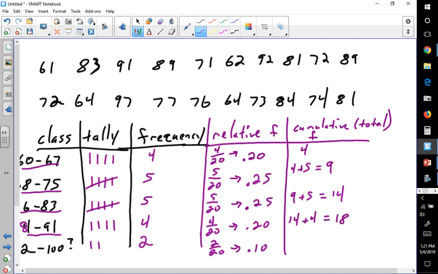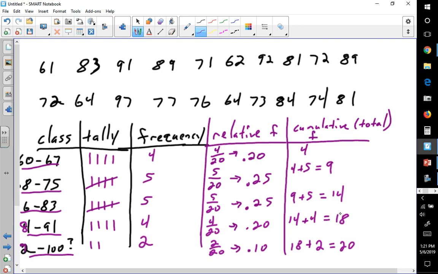And then when we have gotten all the way through the last category, we have the 18 previous data values. This last class has 2 pieces of data, so we have a total of 20. So these are our cumulative frequencies.